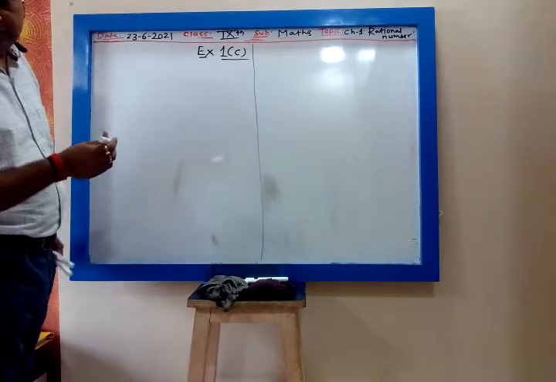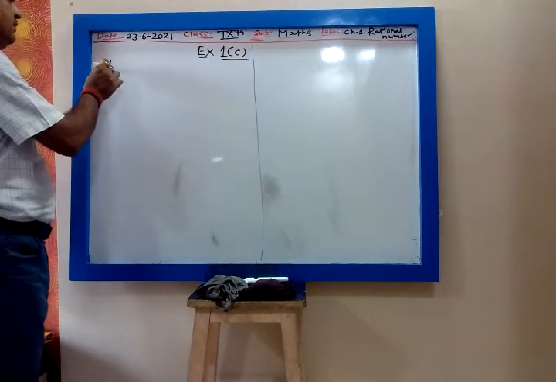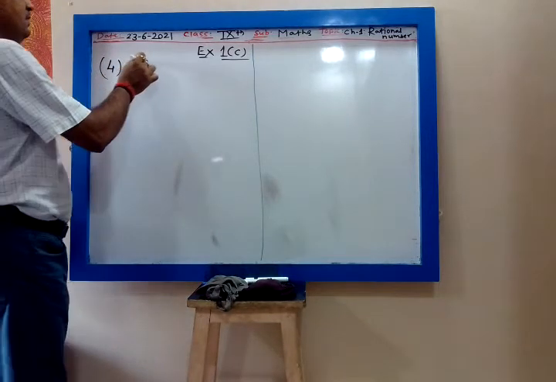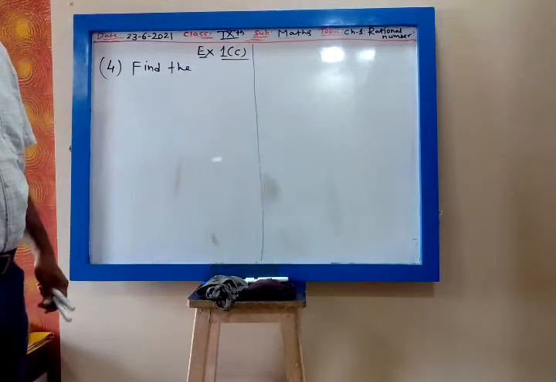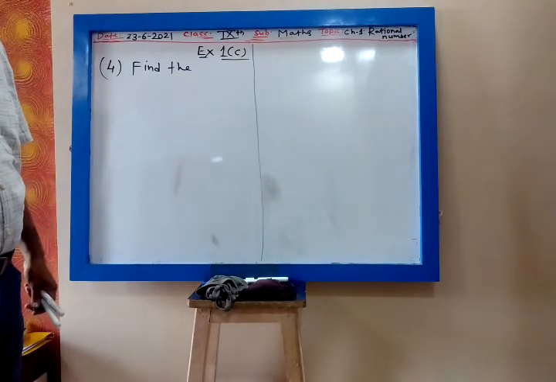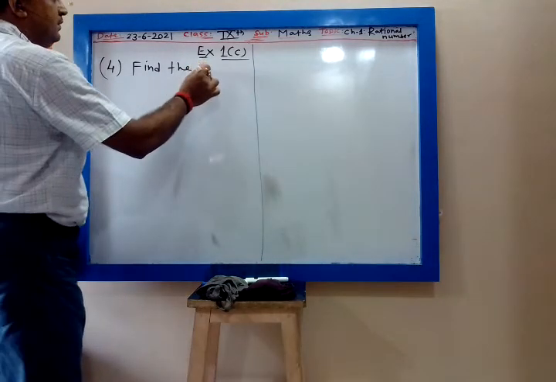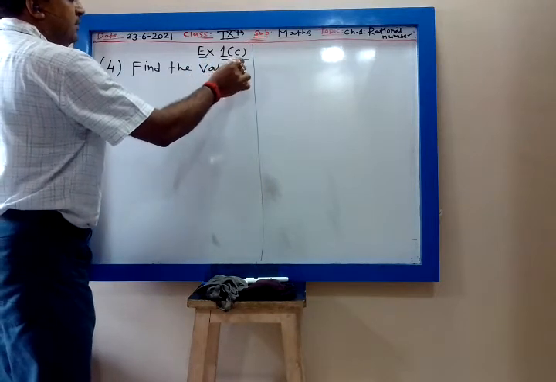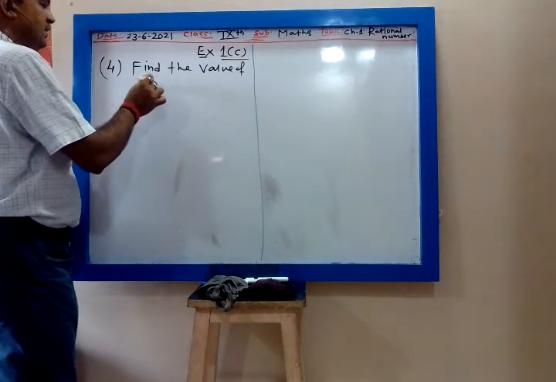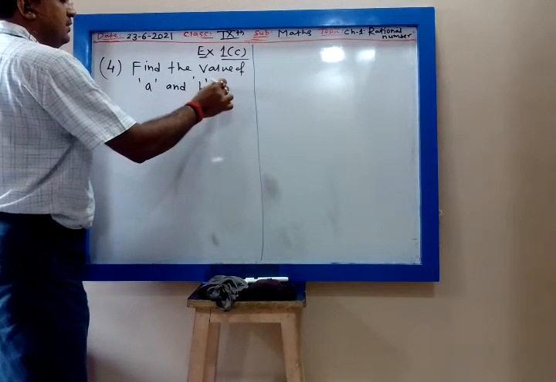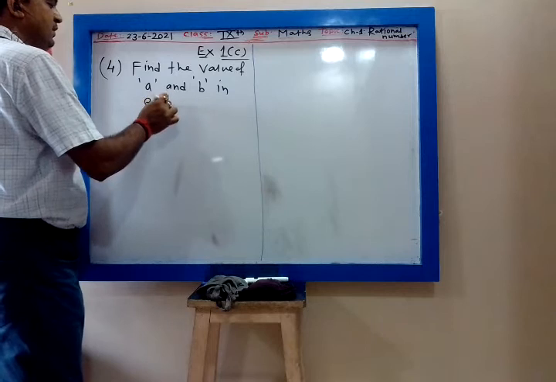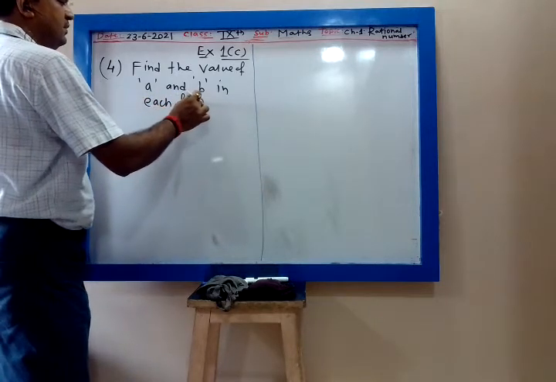Find the value of A and B in each of the following. Write this down.